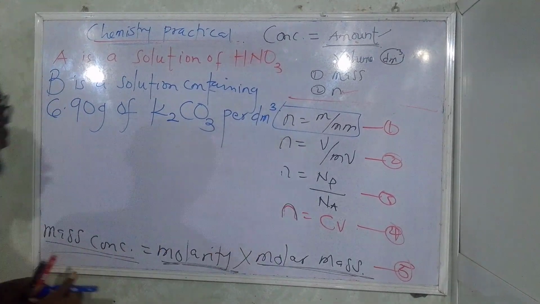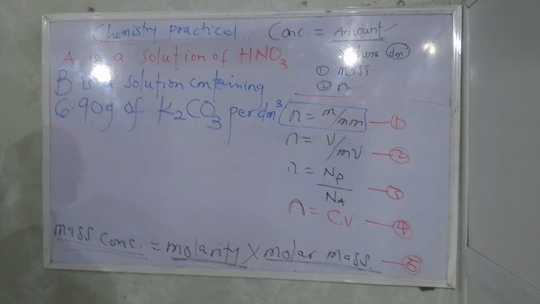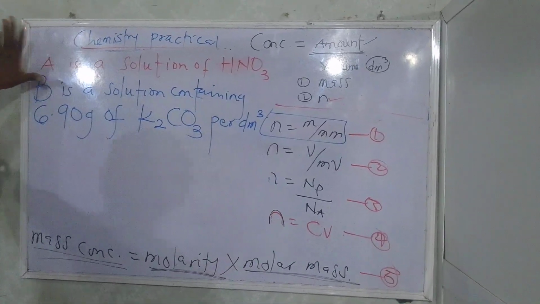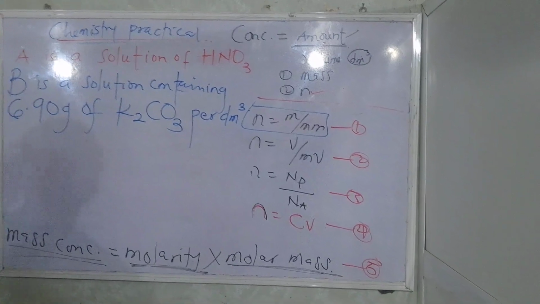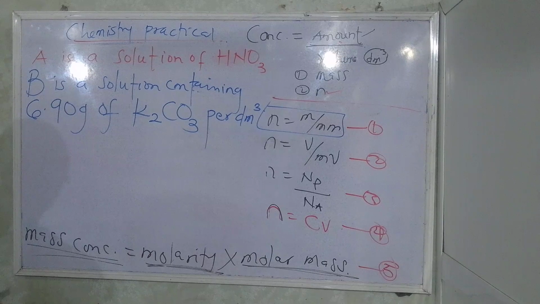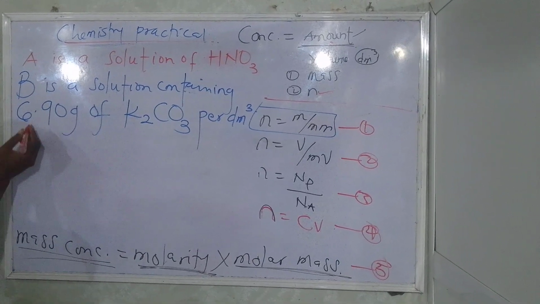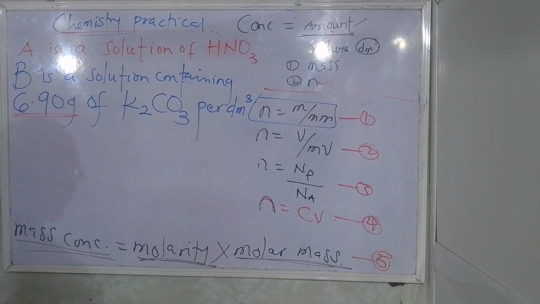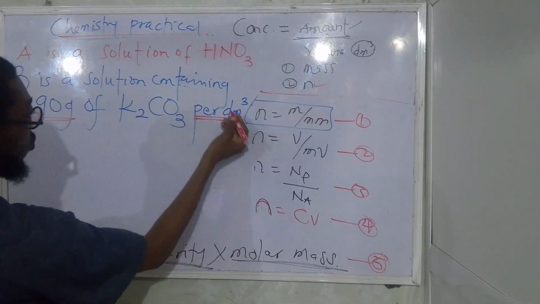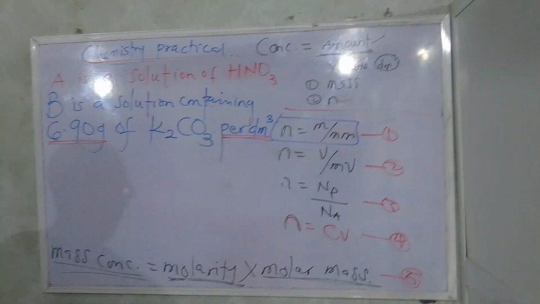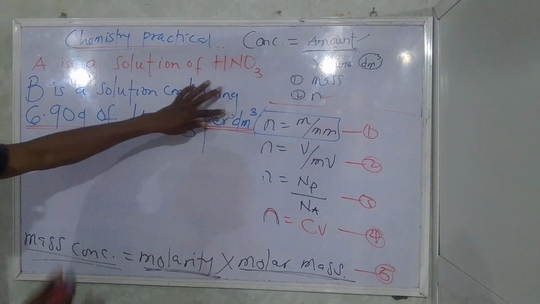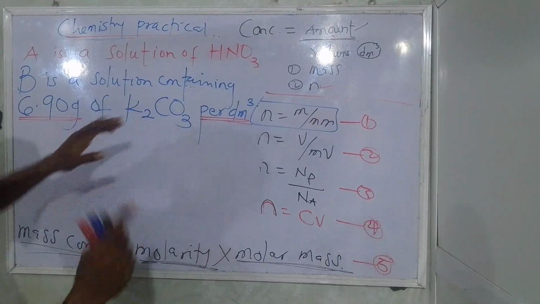Now let's quickly look at the analysis of these two. They said A is a solution of HNO3, meaning that A is an acid solution. While B is a solution, and what is in B? They said in B there are 6.90 gram, and we have put it in 1 dm cube. That's the meaning. If I give you 6.9 gram per dm cube, that means every 1 dm cube will contain that.